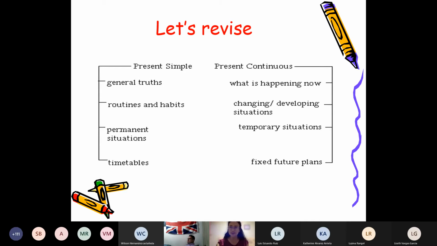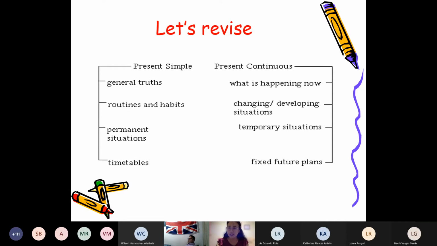Those are temporary situations. And also fixed future plans refers to the future, but are about your arrangements, fechas, situaciones, planes que tienen a corto plazo. For example, I am having a party tomorrow night. I am taking classes tomorrow night.